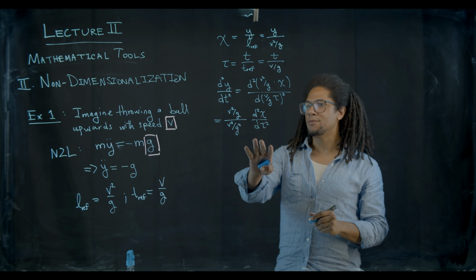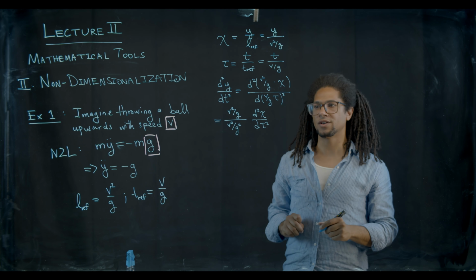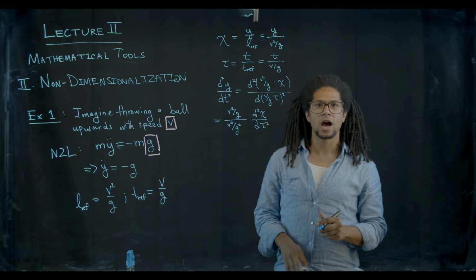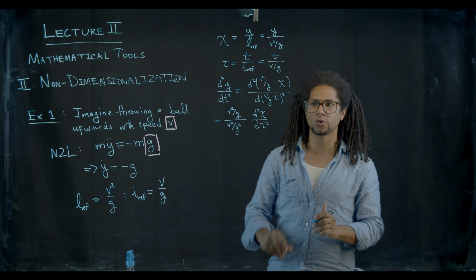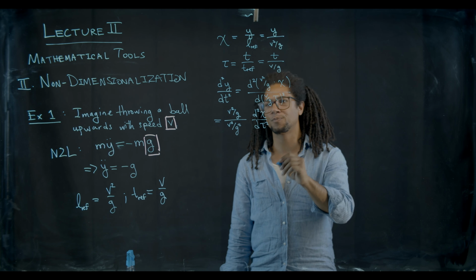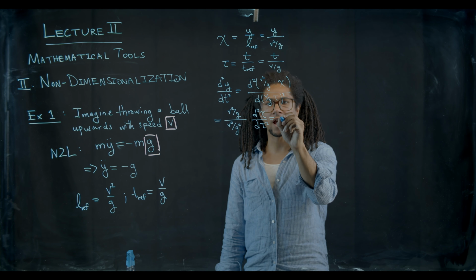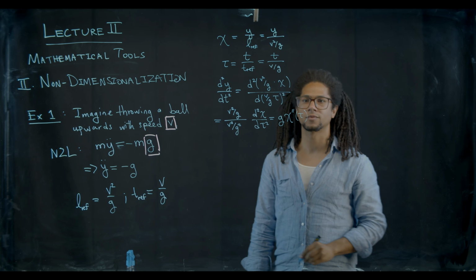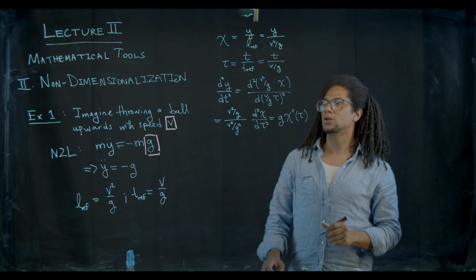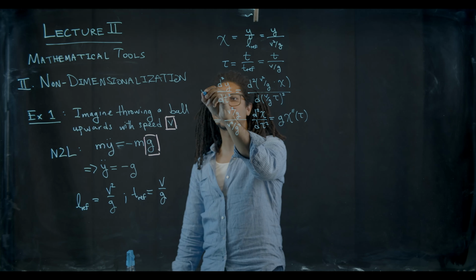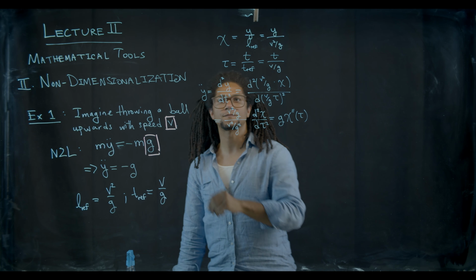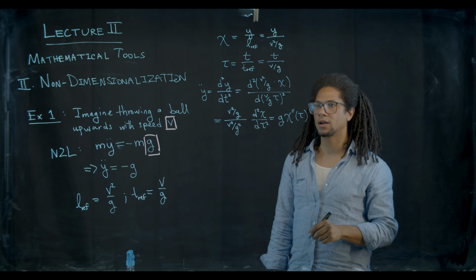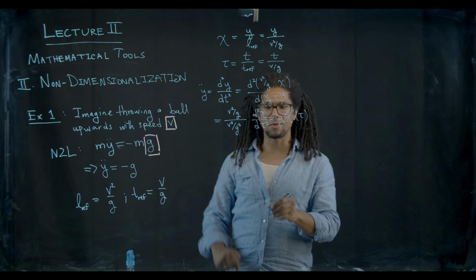Now, to be clear that I'm not using the same t derivatives, but rather tau derivatives, I'll use prime notation for derivatives with respect to tau. After we simplify everything, I just get g chi double prime of tau. Wonderful. So now I can take this, which was the same as y dot dot, and stick it into my equation.